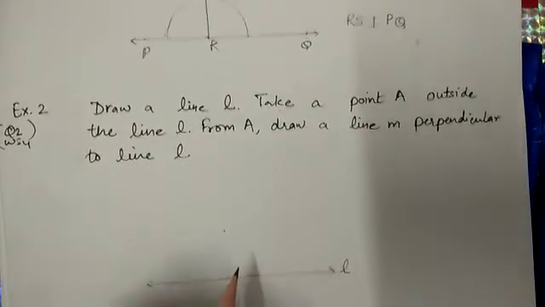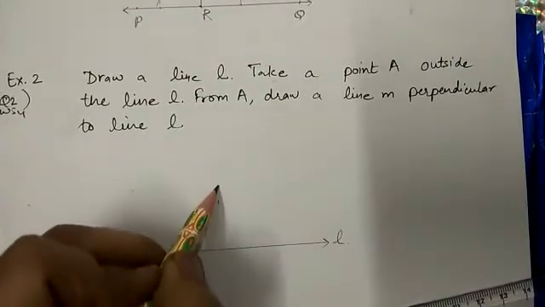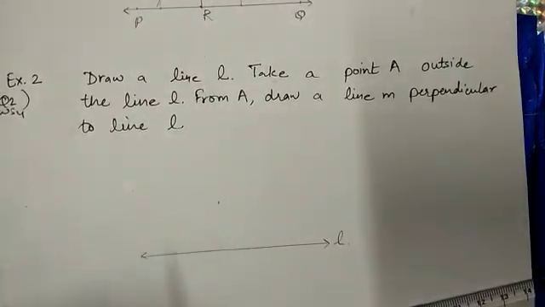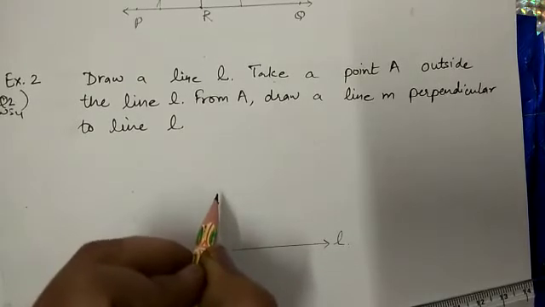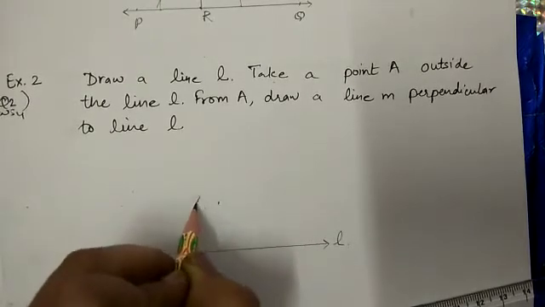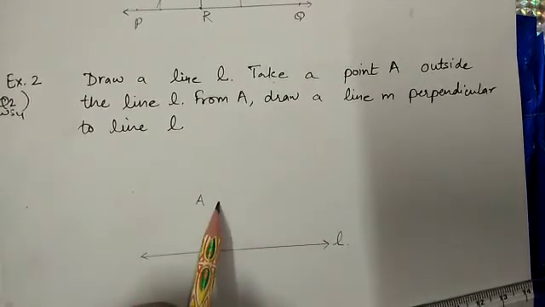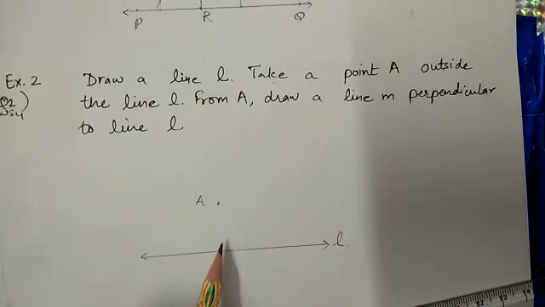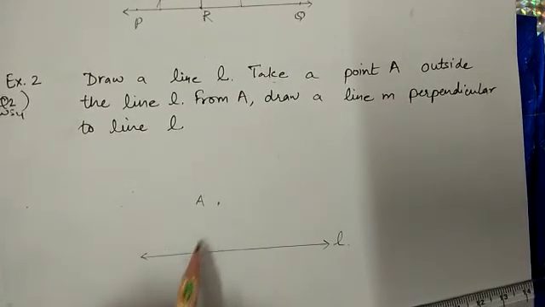I have taken here. You can take here or anywhere on this side. Fine. I have taken point A in this way. Now from this point we have to draw a line which should be perpendicular to this line L. Means we have to construct a perpendicular, a 90 degree angle, here.